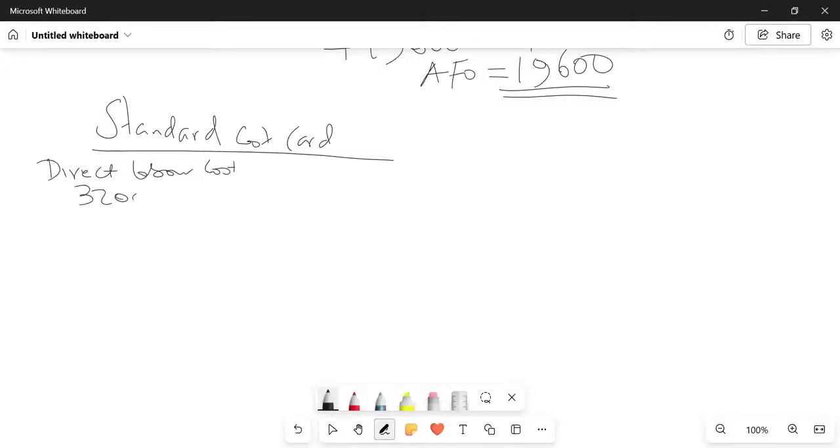So 200 hours. And these hours are for producing how many kilometers in the budget? 12,500. So divided by 12,500, so to get the labor hours, what we call SH per unit.